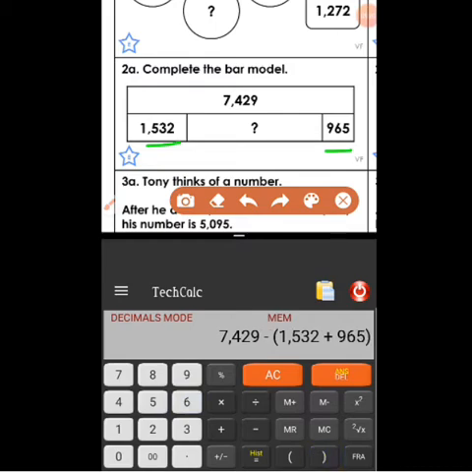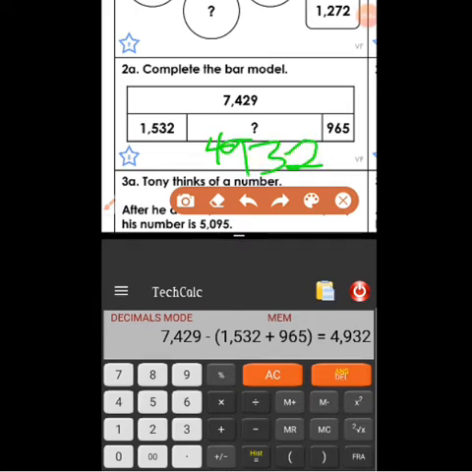So when I click on the equal sign, whatever it gives us is what is going to be in the question mark. Okay, so 4932 is the missing number. Okay, it's that simple, very very simple.